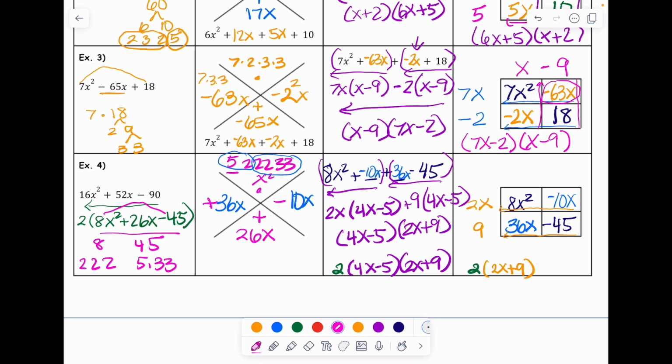And then we go the column, and we'll see that we both have a 4 and an x, and 8x is positive, so that'll be positive. And in this one, we'll see that we have 5, but since negative 10x is negative, we're going to take a negative 5 out, only because the guy on the edge was negative. And so we're going to have 4x minus 5, which is exactly what we needed.